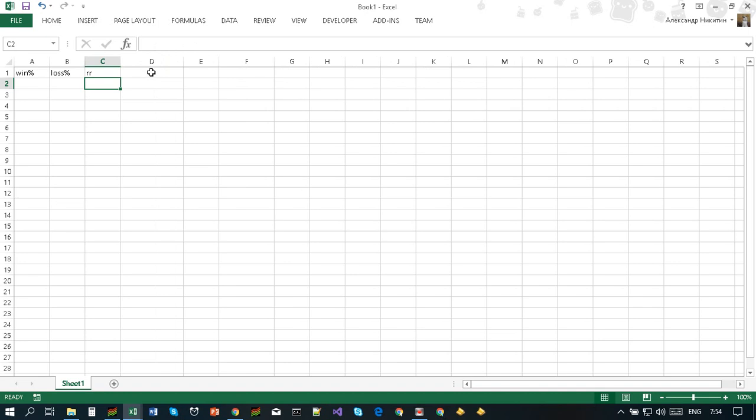Okay, and then we will calculate the expectancy. The expectancy is what we expect when placing a trade. If this is positive, then we will generate money in the long run. If this is negative, then this means that we will lose money in the long run. Okay, if you don't know the expectancy of your trading strategy, then you are not a trader, you are a gambler. You are gambling. You don't know what you expect.